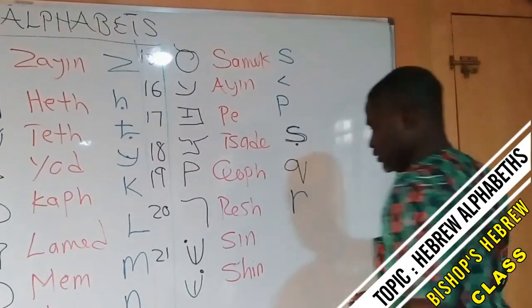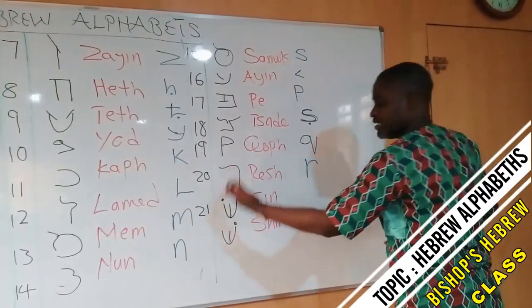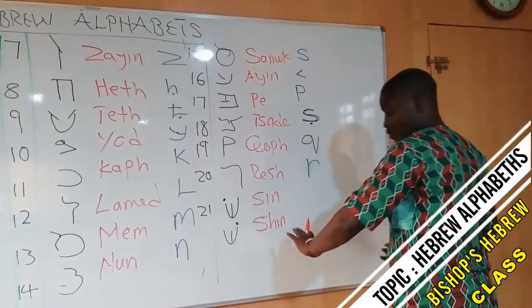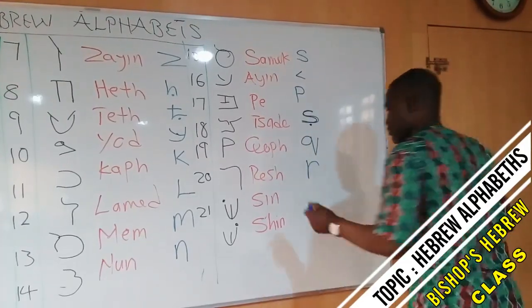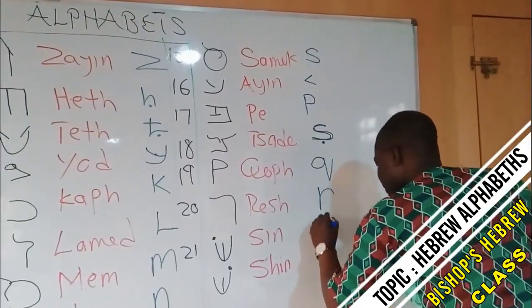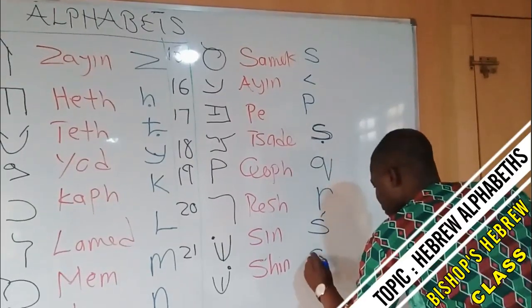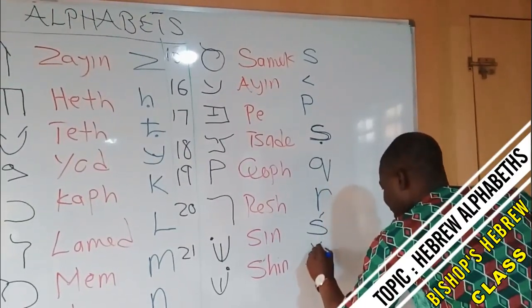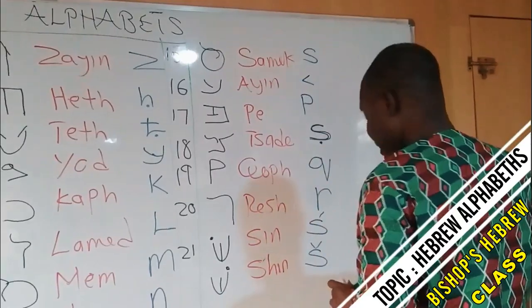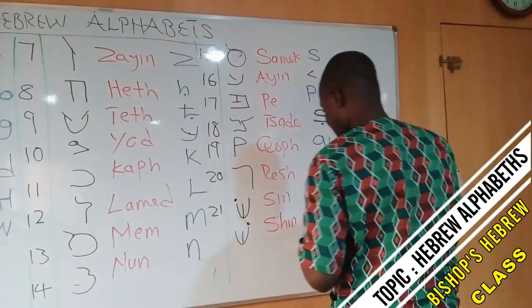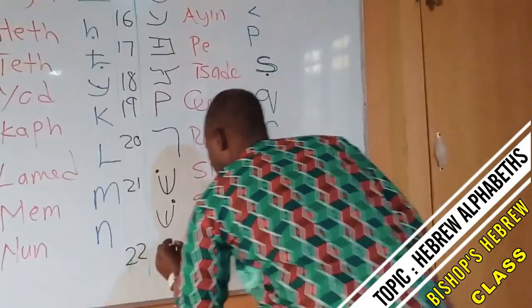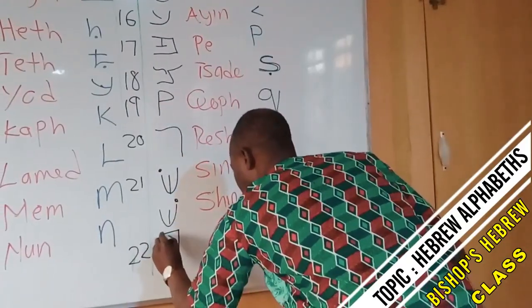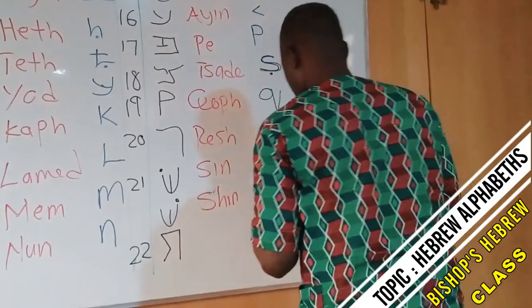The difference between these two are the dots. One dot on the left, the other one on the right, but they are seen as being the same letter. So this one is an S with this sign on top, and this one is an S with this sign on top. Then the final letter is called Tav. 22. Tav.